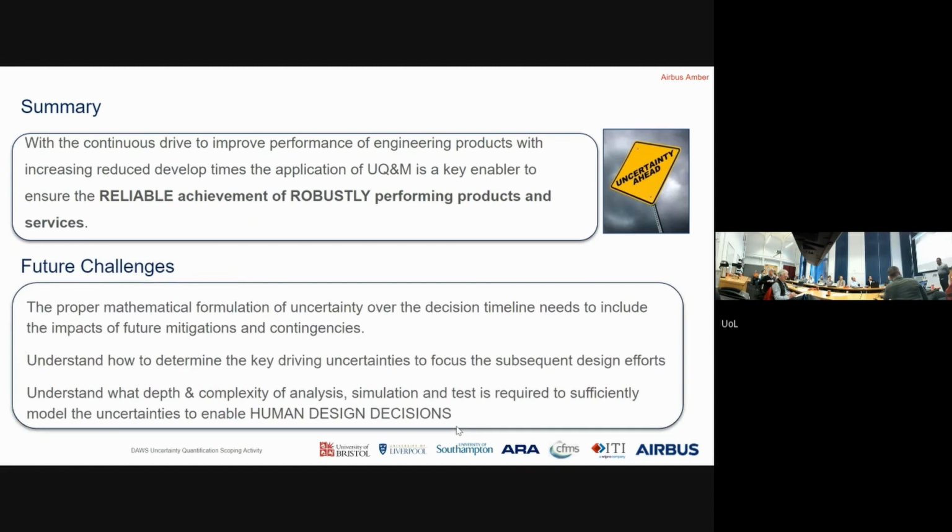In terms of the challenges, a proper mathematical formulation of how we deal with uncertainties over a timeline, and how we include the impact of future decisions on today's decision, is very interesting to me. I've never seen that properly formulated in anything I can understand.